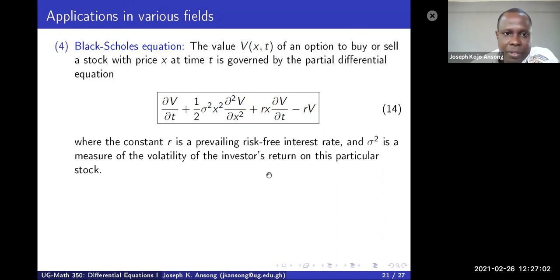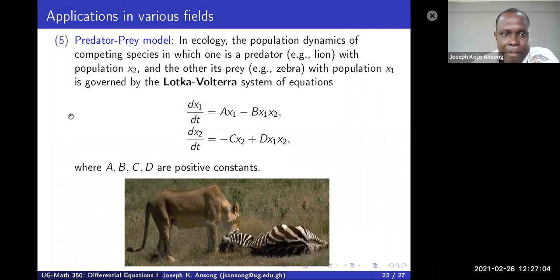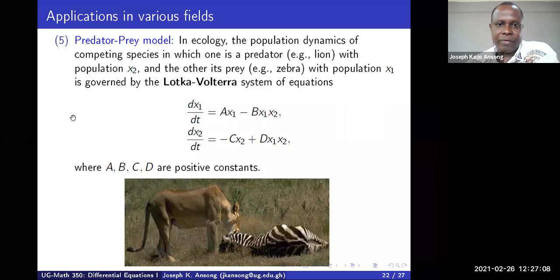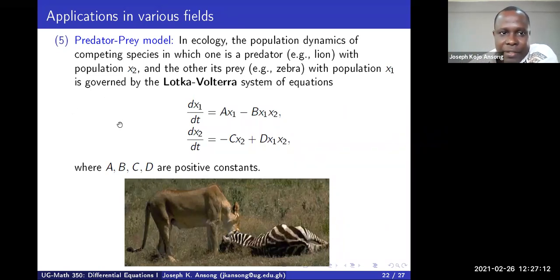Good. Then on to our last example, if you like, a motivation for differential equations. In this case, we move back to a predator-prey model, or so-called Lotka-Volterra system of equations. And in ecology, this can be used to study the dynamics of competing species.